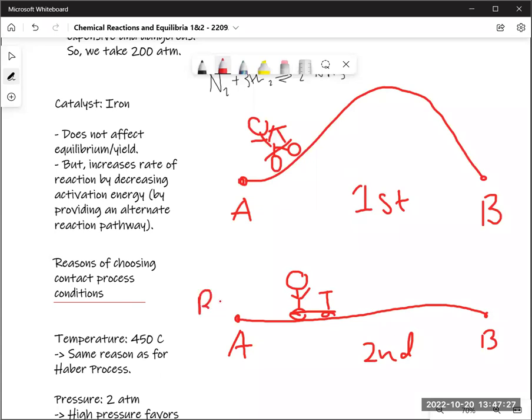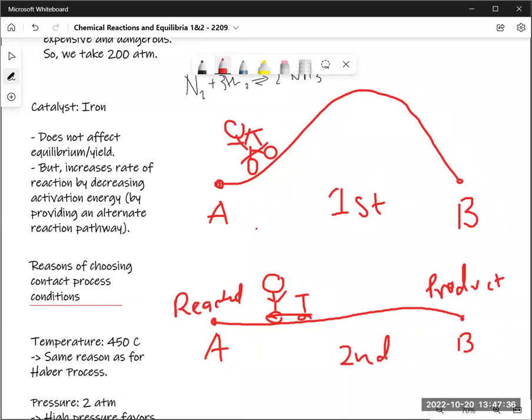So A is the reactant, and B is the product. Go from reactant to product. There are many ways you can react. One way could be, let's have an H2 molecule right here, hydrogen and hydrogen, that's H2. And I have N2 here.